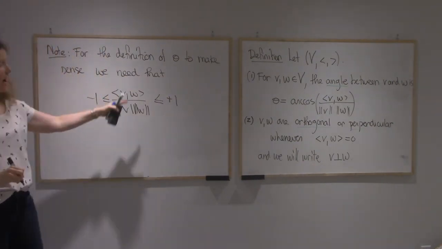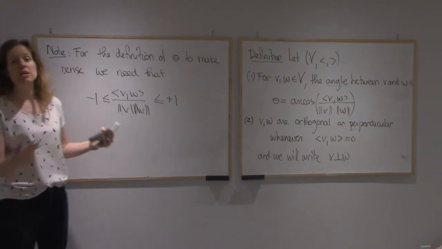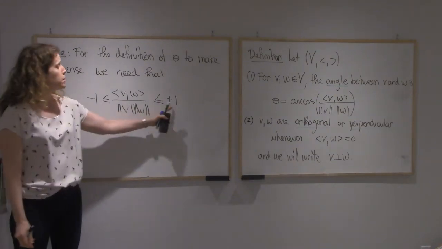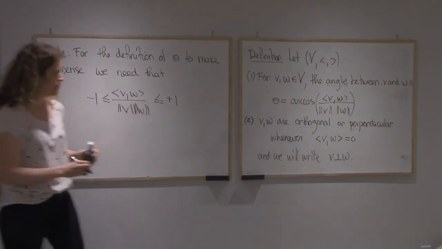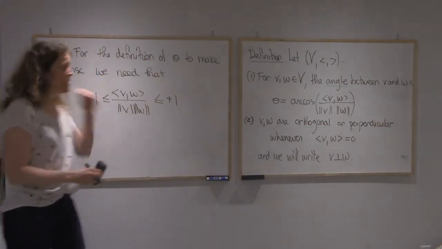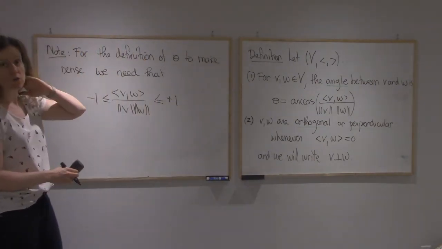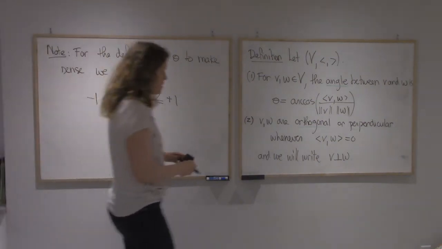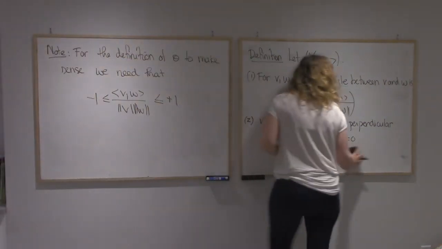We need this fraction inside arc cosine to be between -1 and 1. We need to prove that, and that's exactly what the Cauchy Schwarz theorem will give us. So let me state the theorem and then we'll prove it.